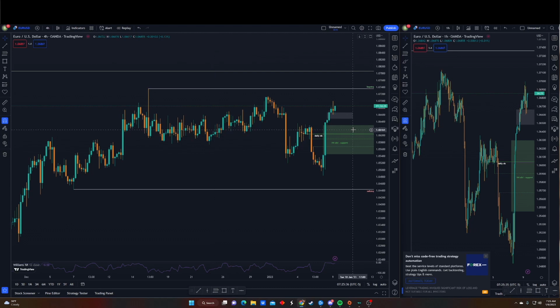I don't think that area is in the cards for today, but we could see. Maybe this would act as a mitigation block. I'm not worried about that right now, though. Price is looking bullish. We're approaching 730. It's 725 right now.